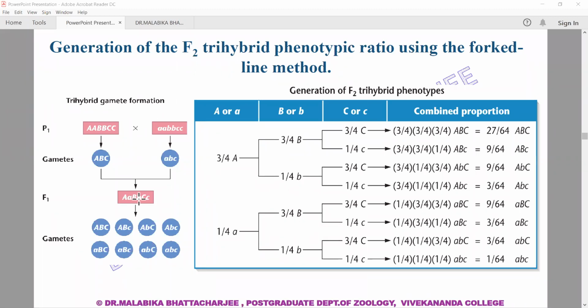Now calculating the proportions becomes a bit difficult when we deal with multiple genes. So let us do it the simple way.